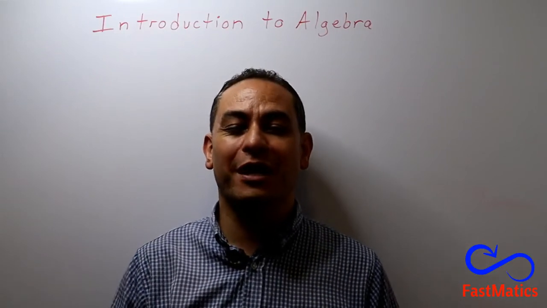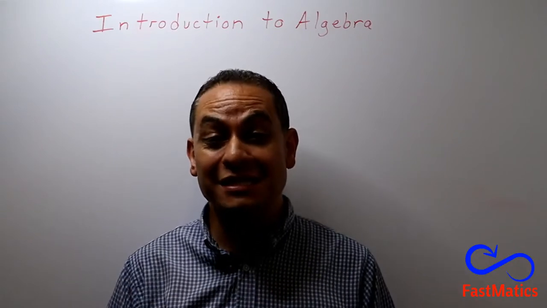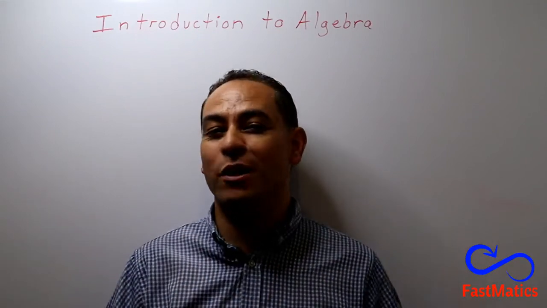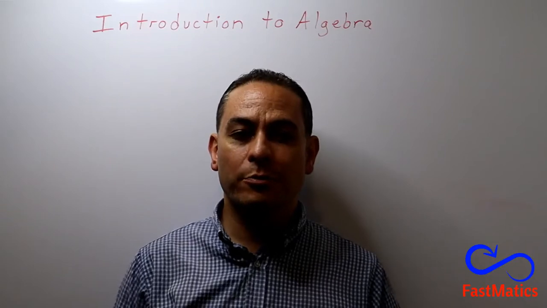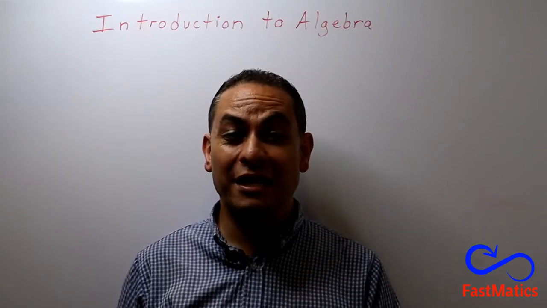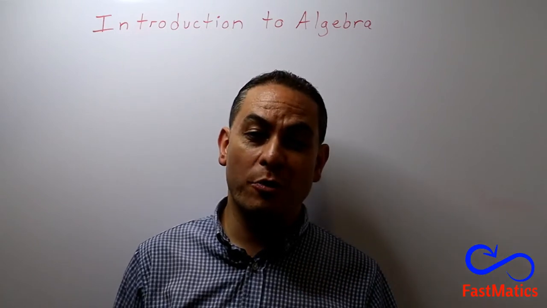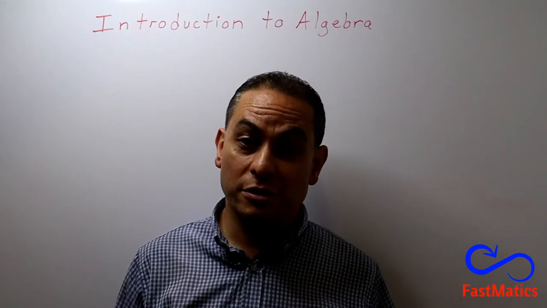But what's algebra? Algebra is a branch of mathematics where you study quantities but in a general way, using letters and numbers. Remember that in arithmetic we used only numbers. We added numbers, we subtracted numbers, we multiplied numbers.